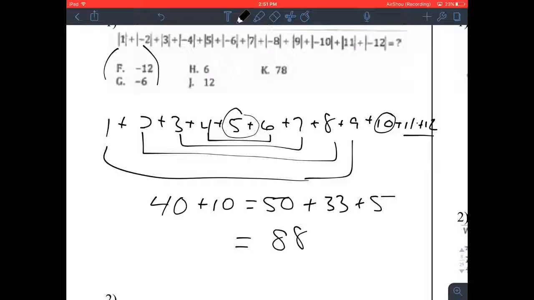It's not one of the choices. I made a mistake someplace. Oh, my mistake was here. 11 plus 12 is 23, which makes that 77.